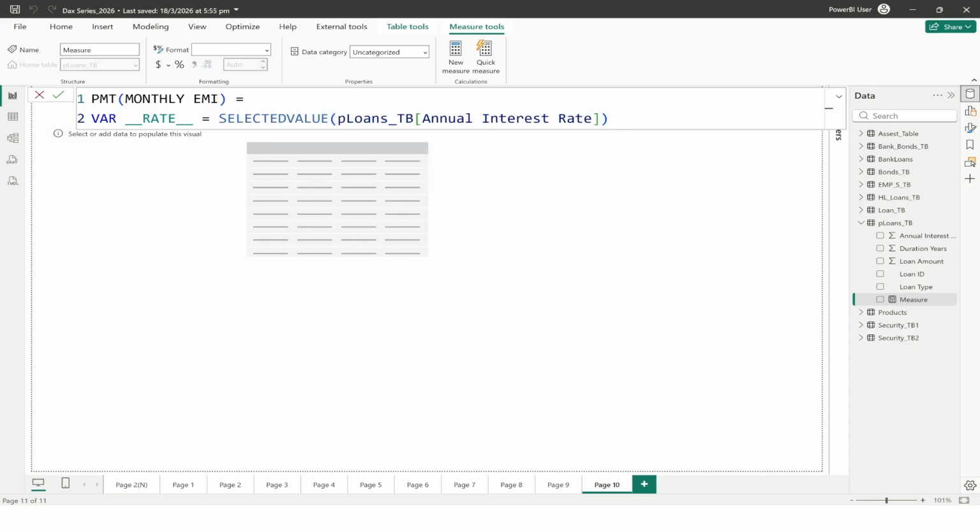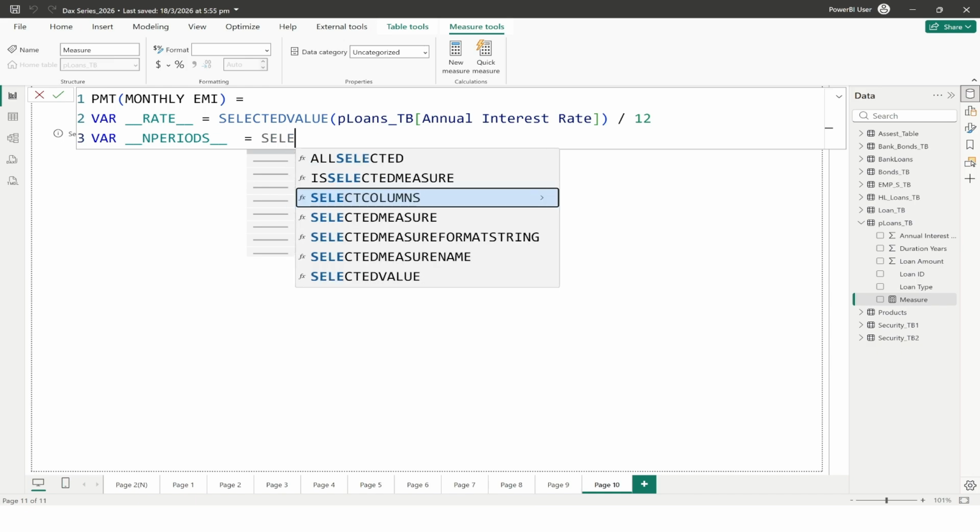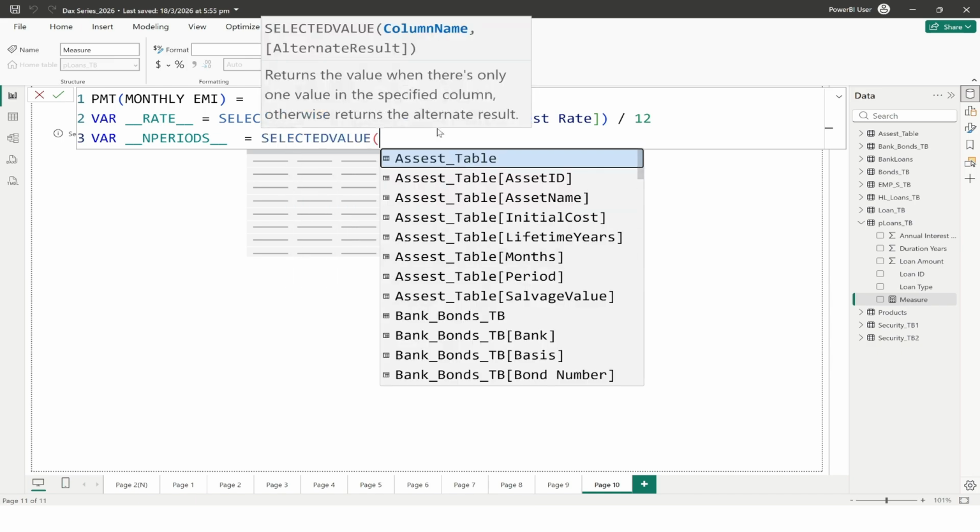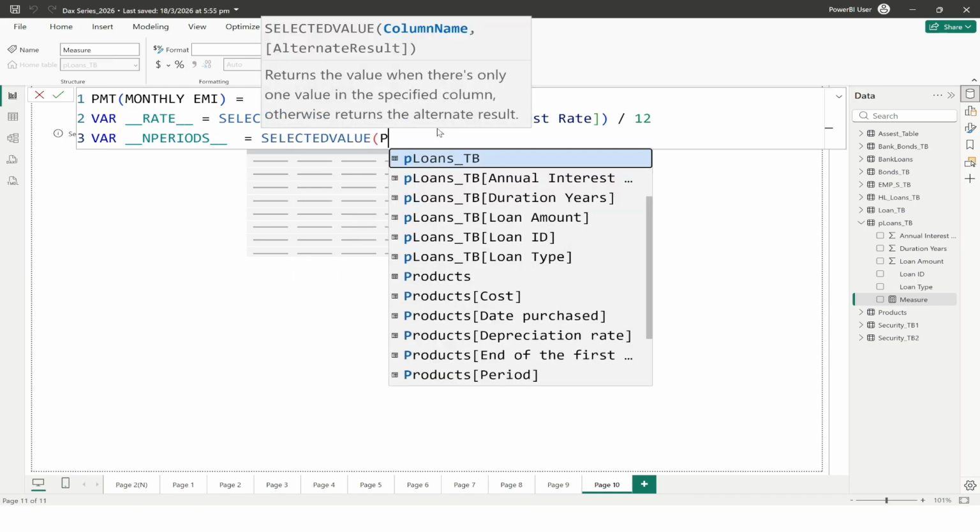Okay, here you need to make sure one thing. So this is annual interest rate, but here we are calculating monthly EMI. So for that reason we need to divide it by this 12. You need to divide it by this 12 because we are calculating the monthly EMI. Fine. Now next, period, number of periods equal to selected value of P loans table.